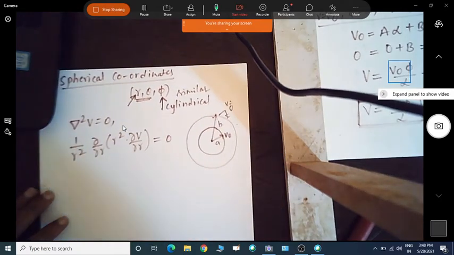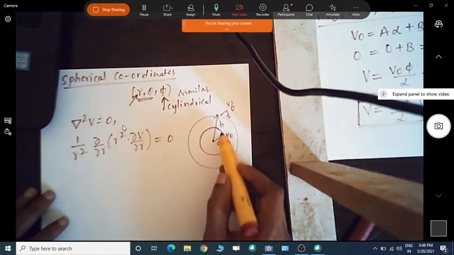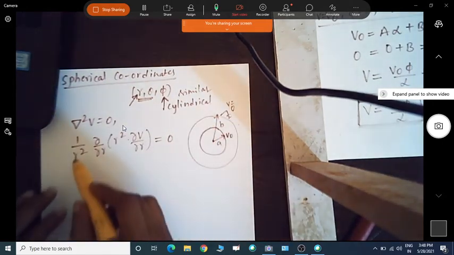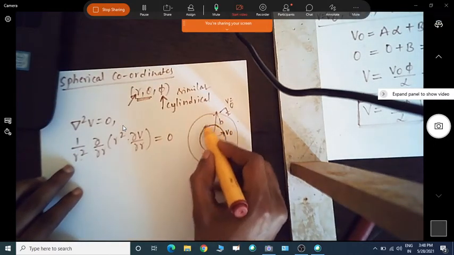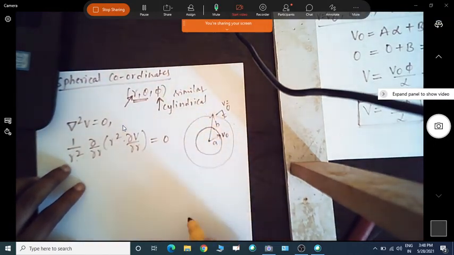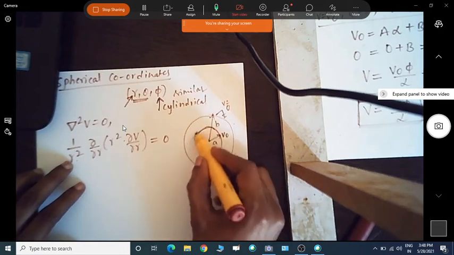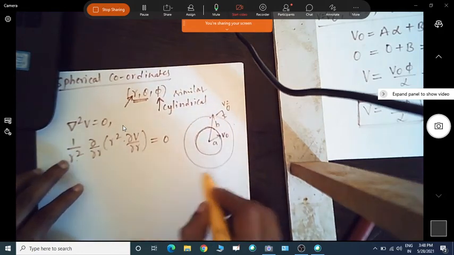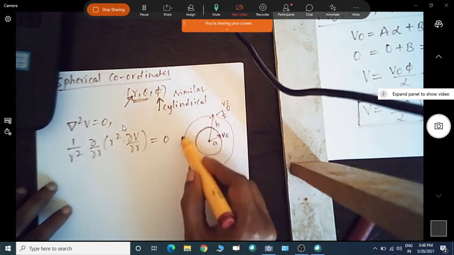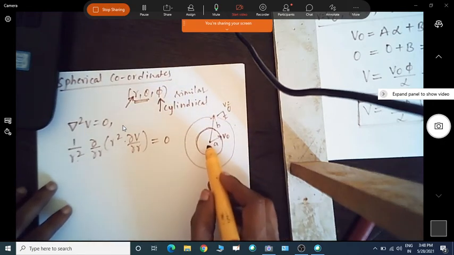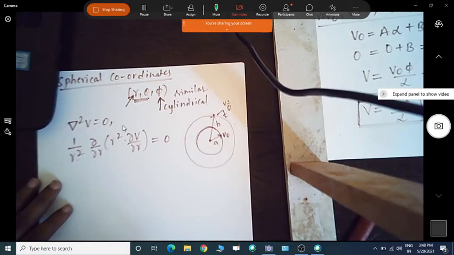Okay, so this boundary condition we will take later, but the problem looks like this. So the potential is varying with respect to r. That is at the first radius, second radius and third. So if I go on changing the radius, the potential is constant over a given radius, but at different radii the potential will vary.